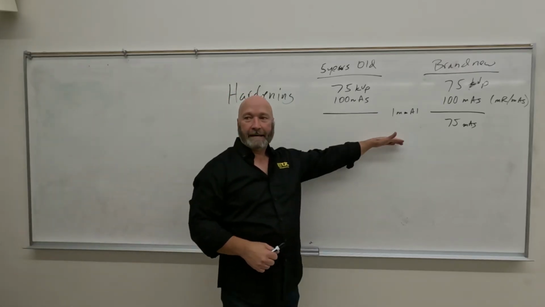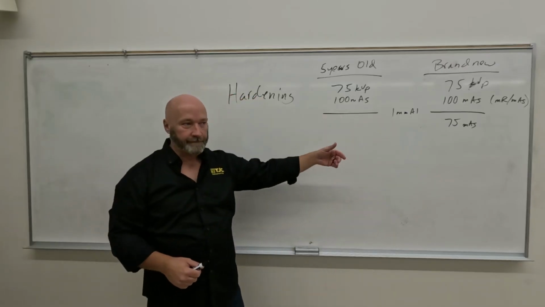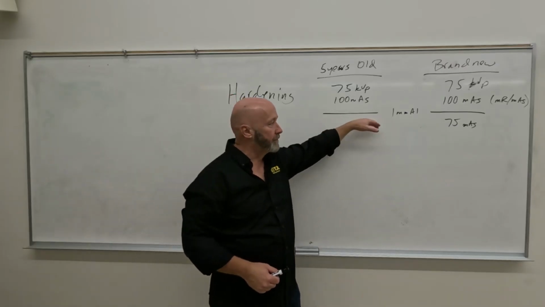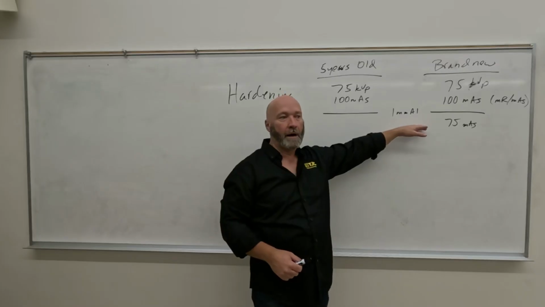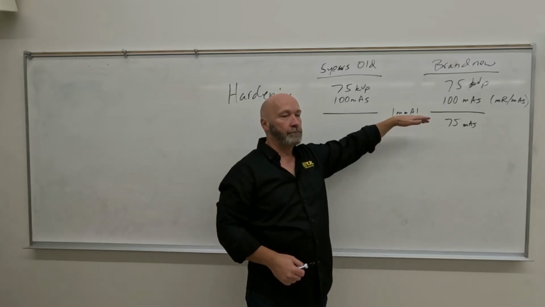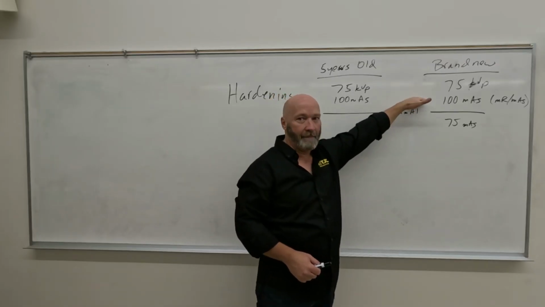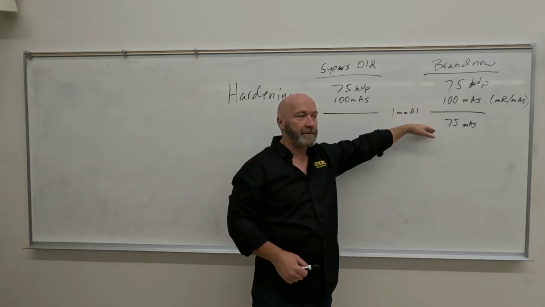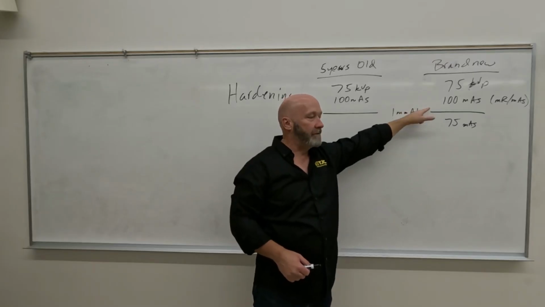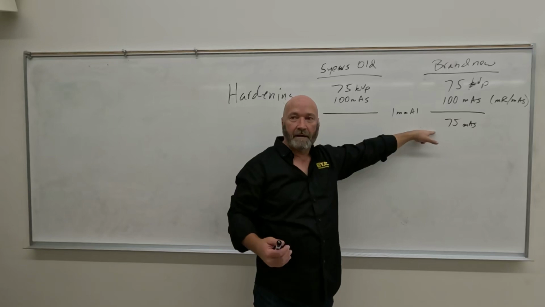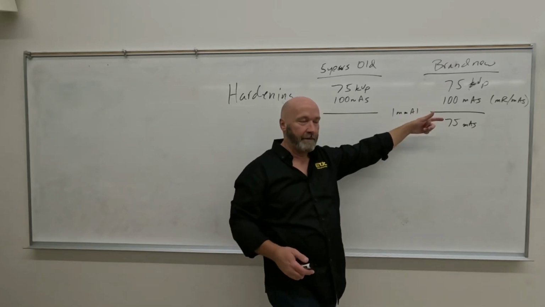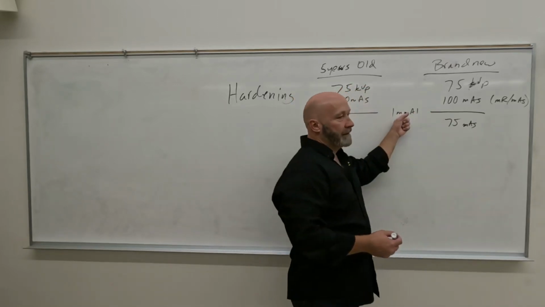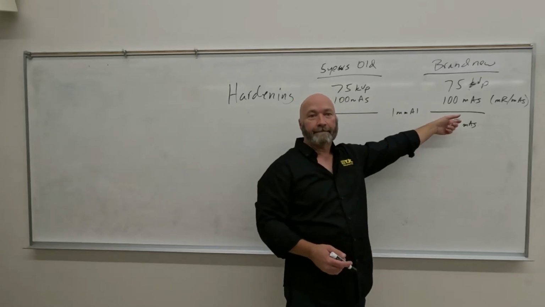So this test is what we refer to as half value layer. It's the amount of an absorber that would be required to cut the intensity to half of its original value. Do I have a half value layer here? It's only cut it by 25%, so 1 millimeter of aluminum is not a half value layer.